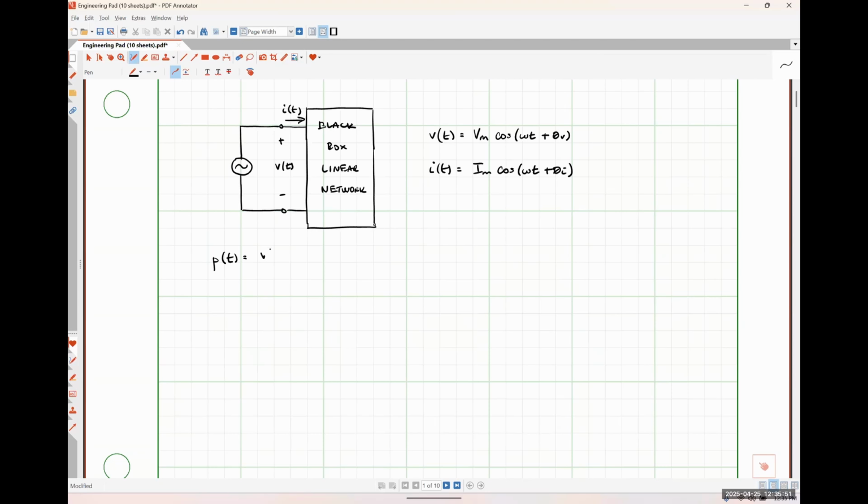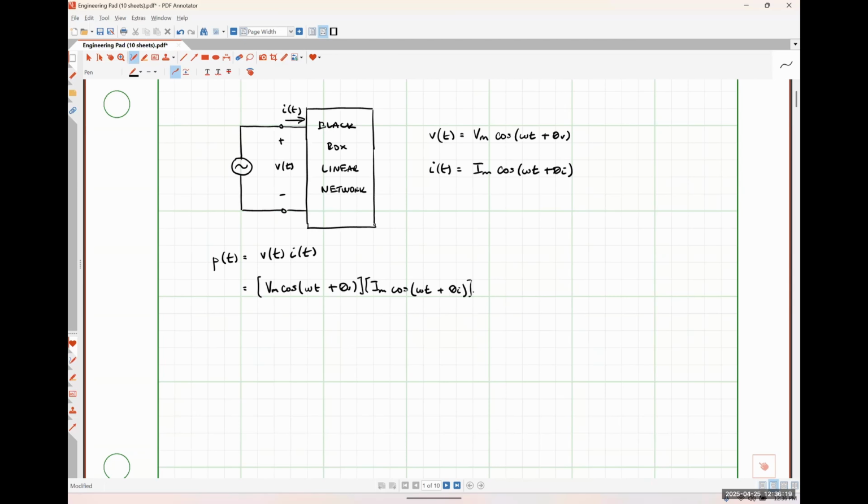So I'm going to have simply V of t multiplied by I of t. And if I substitute in my generic forms for my voltage and current, I would have something like this. Vm cosine omega t plus theta v multiplied by Im cosine omega t plus theta I.